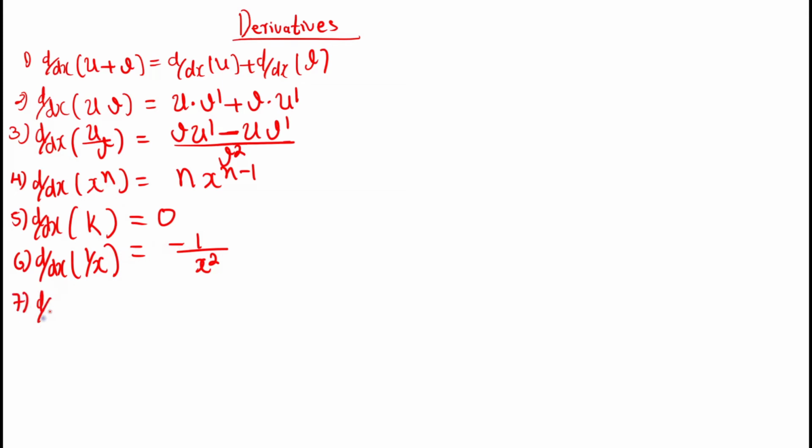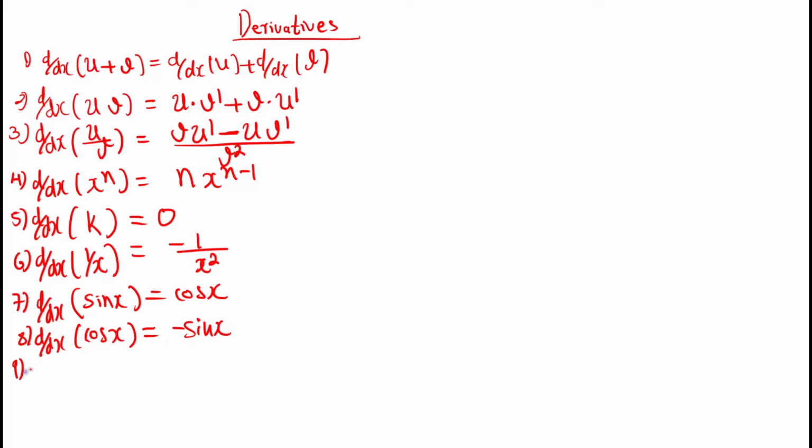Next is d by dx of the trigonometric functions, that is sin x is equal to cos x. Next, d by dx of cos x is equal to minus sin x, and d by dx of tan x is equal to secant square x.